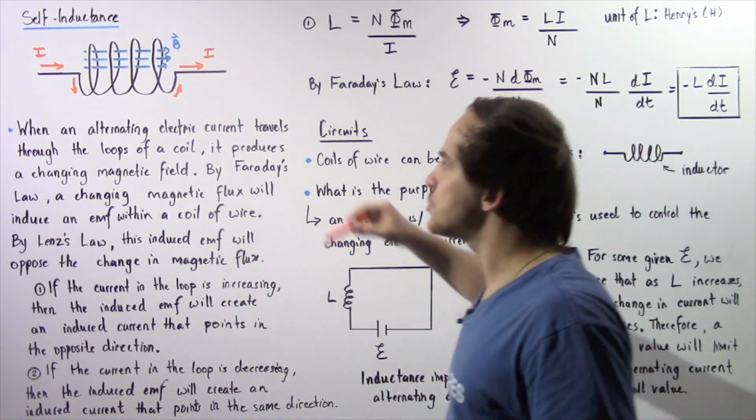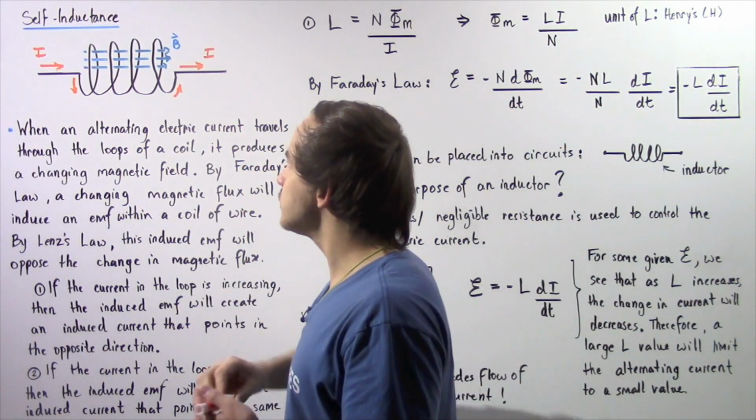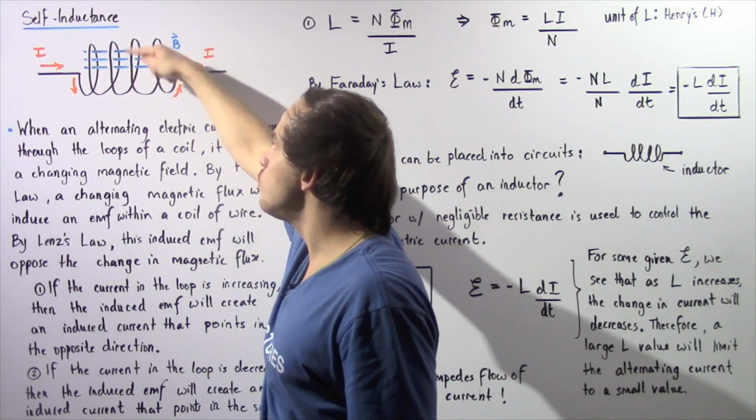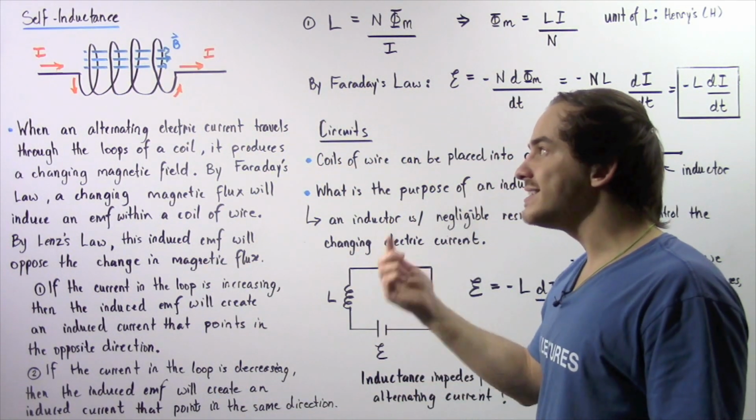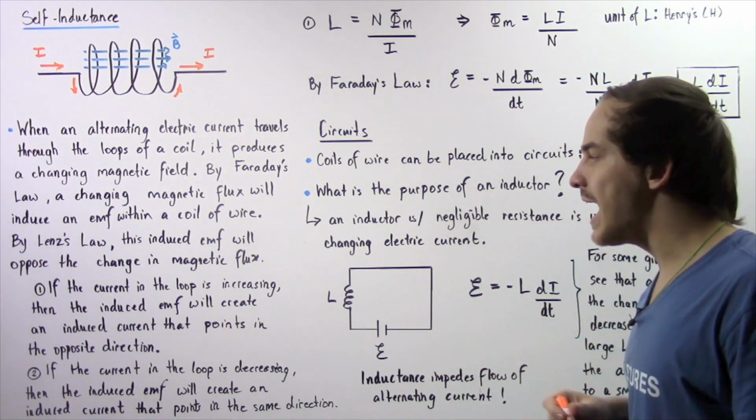So let's suppose that our electric current that is traveling through these loops of wire, that is an alternating current, is increasing at some given moment in time.